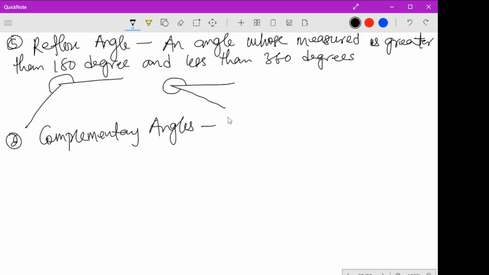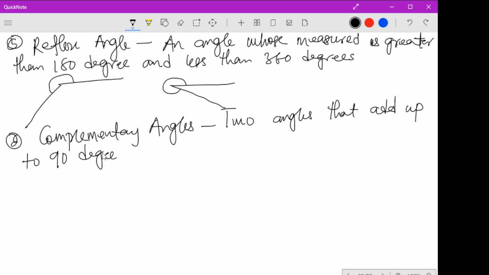Complementary angles: two angles that add up to 90 degrees are called complementary angles.